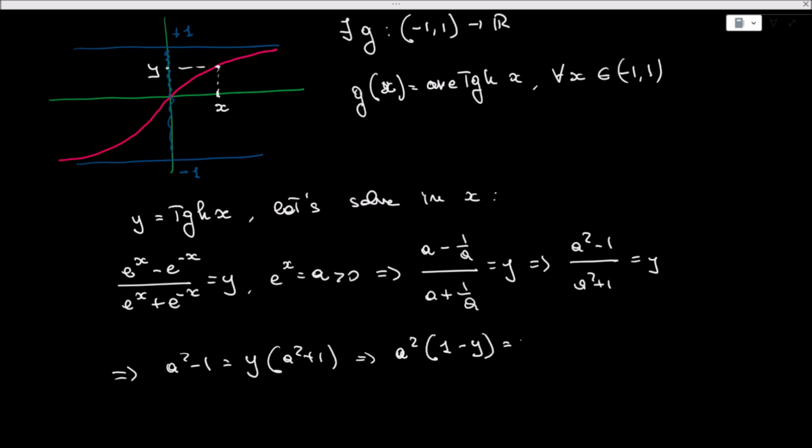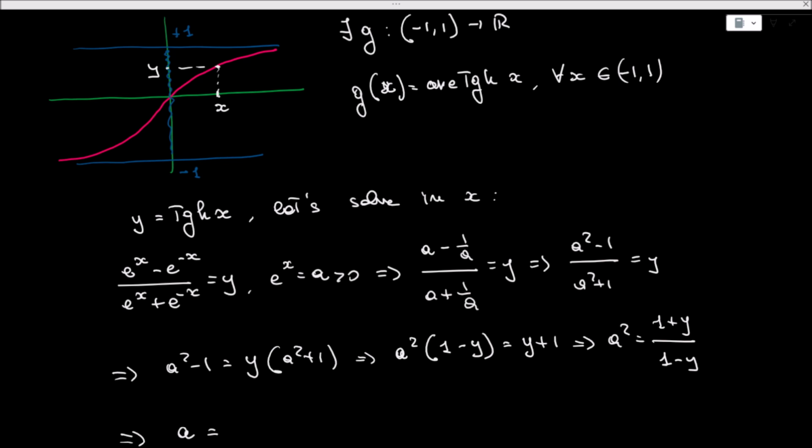So we find that a squared is equal to y plus 1 divided by 1 minus y. By symmetry, let me rewrite this as 1 plus y. And remember that y now is in between minus 1 and 1, so this is indeed correct. This is always positive. But this implies that a, to be positive, we need to take only the positive square root of 1 plus y divided by 1 minus y.